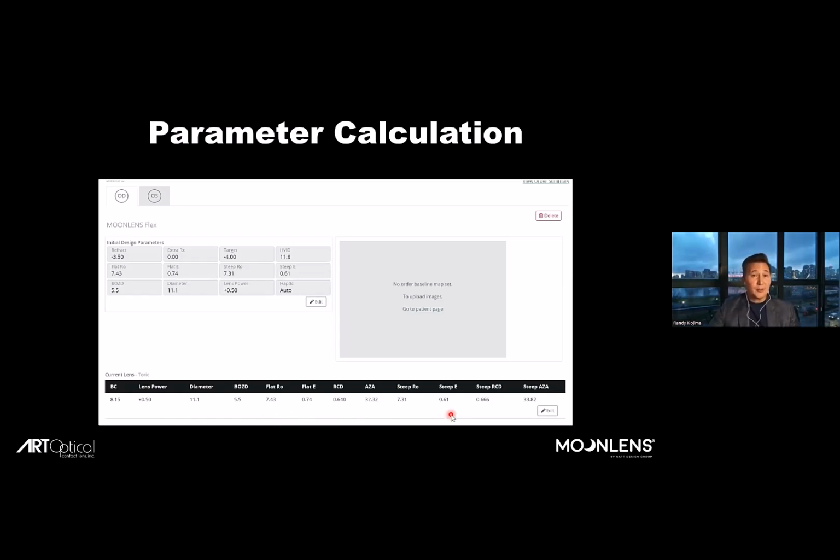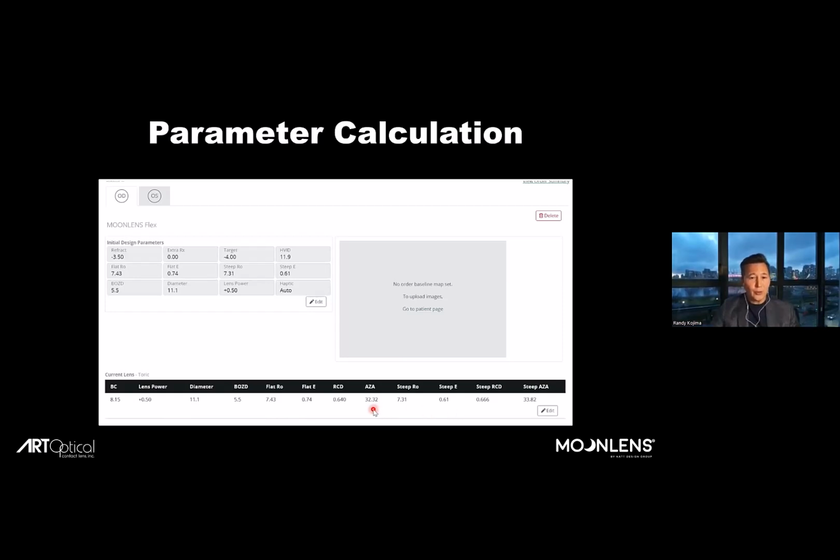Therefore, this lens has been chosen as a toric. So the platform has determined, based on your entered data, whether this patient is best served with a symmetric landing or a toric landing. So lots of customization going on behind the scenes.